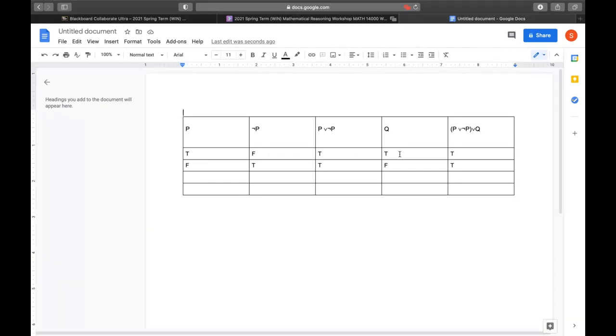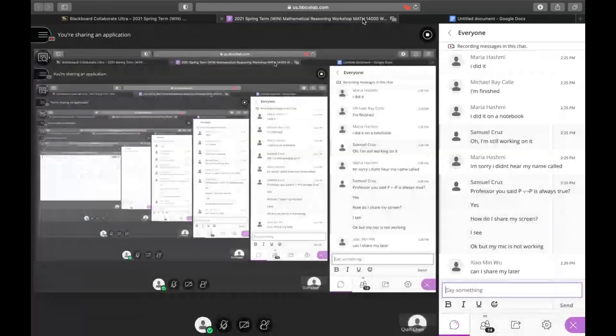Q is true, Q is false. But what if P is true, Q is false? You need 2 more combinations: P true, Q false, and P false, Q true. Do you see that? You need 2 more rows.